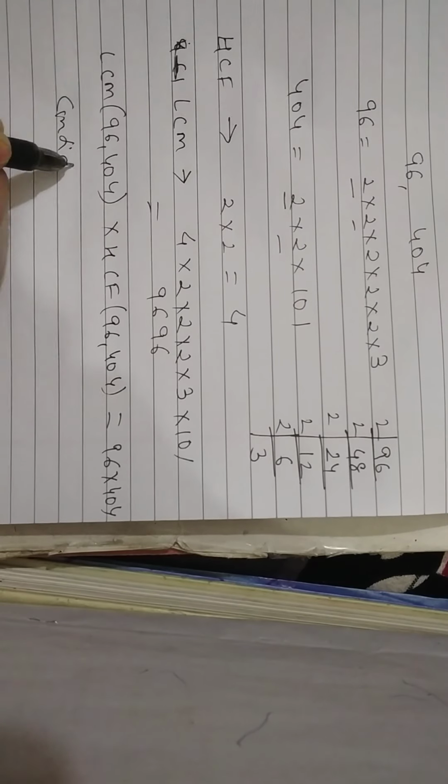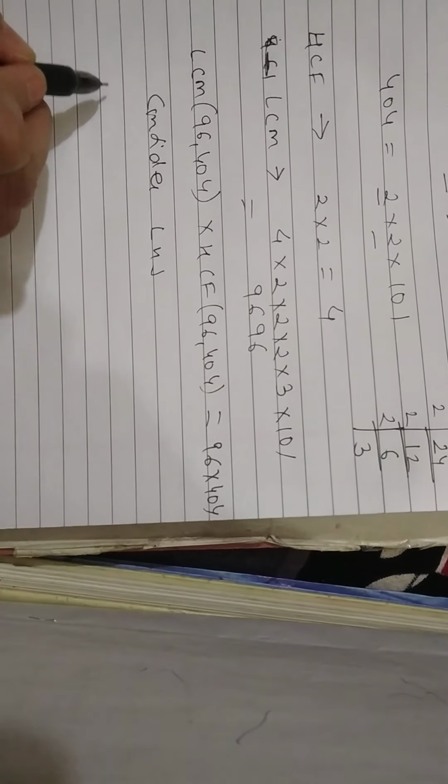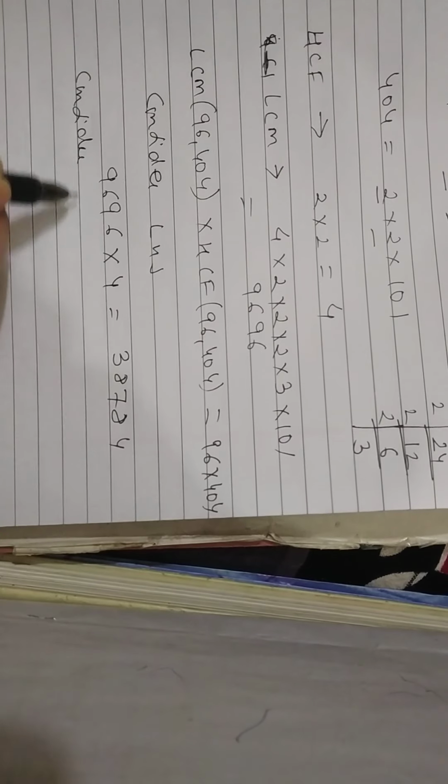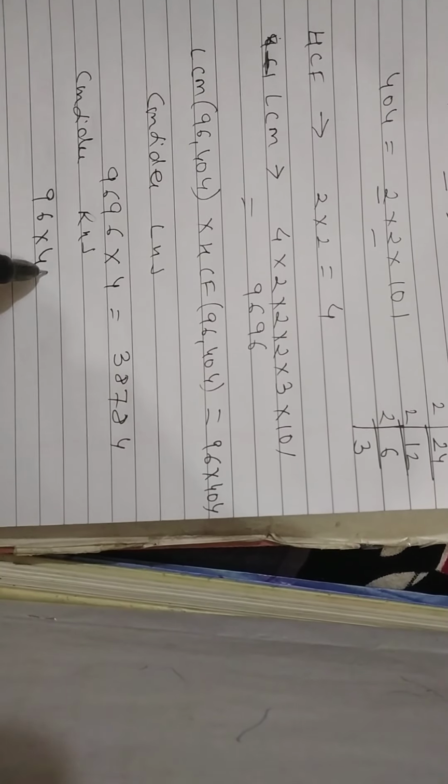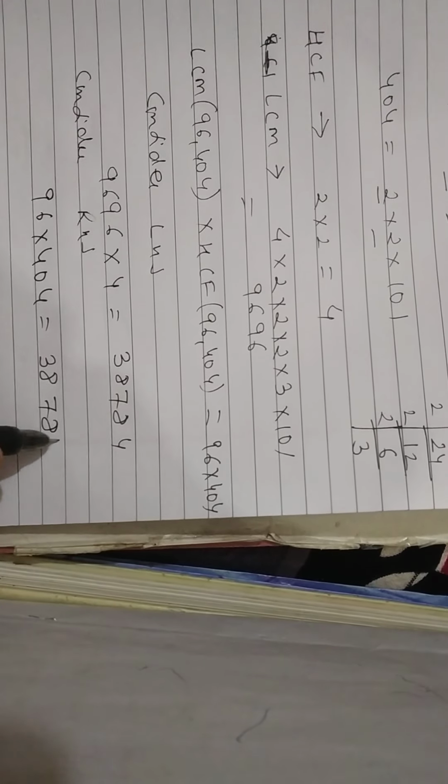Consider LHS. What is LHS? LCM of 96, 404, how much it was? 9696 into HCF was 4. This comes to 38784. Consider RHS. 96 into 404, that is 38784.